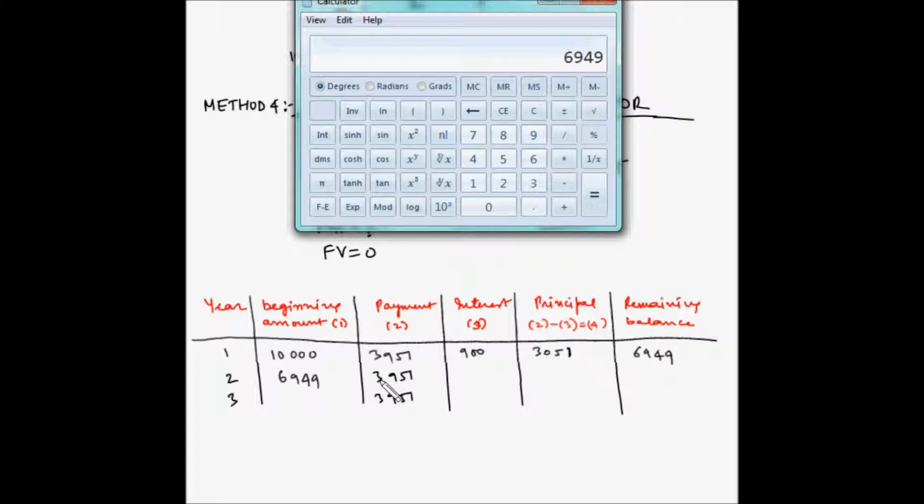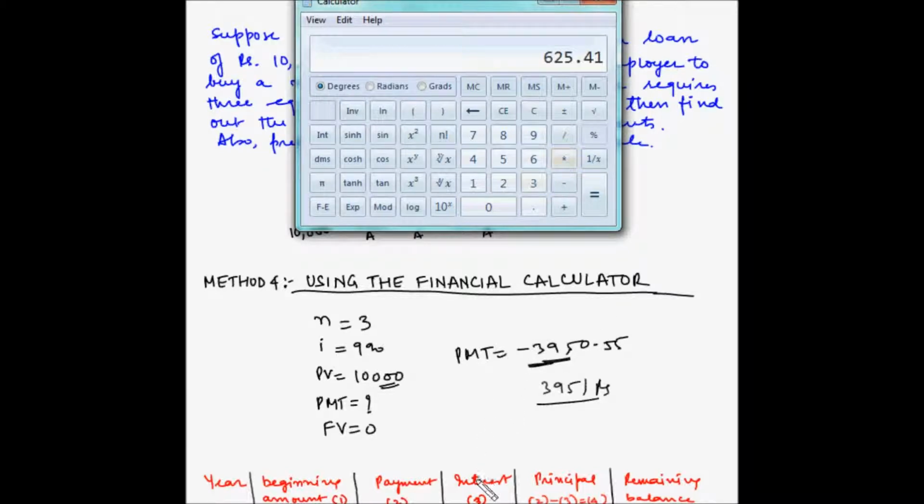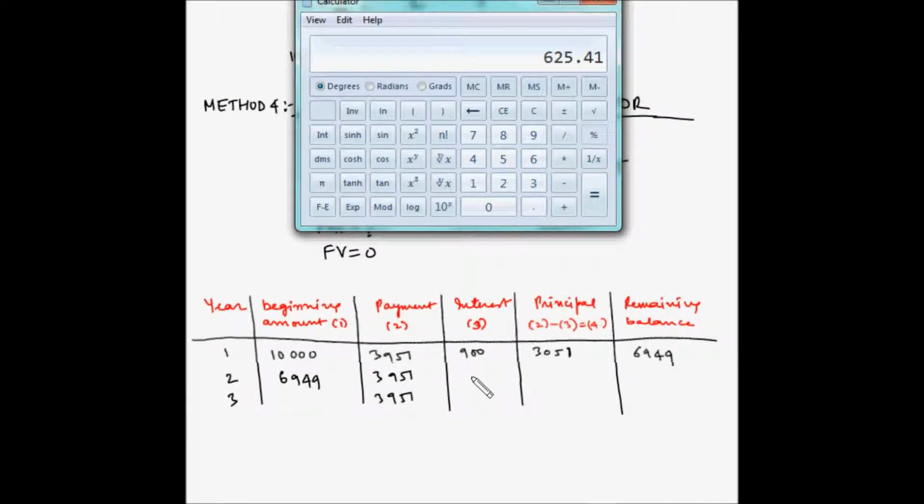Payment is the same, 3951, because that is the yearly installment. Now interest is 9% of the beginning amount of that year. So let me clear this. 6949 into 0.09. So 9% of 6949 is 625.41 rupees.